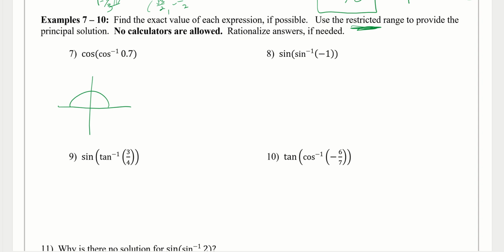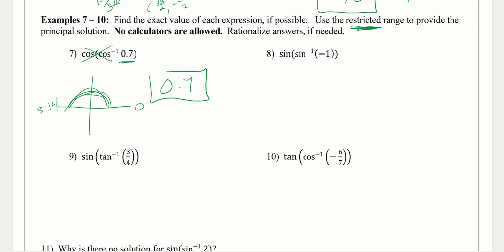Whenever you have sine or cosine, cosine inverse, sine, sine inverse, they typically just cancel each other out. The trick is you need to make sure that this still falls within the range, right? So if I put this in decimal form, this would be 0 to 3.14-ish, pi. So is that within our restricted range? And the answer is yes. So we're good with that.